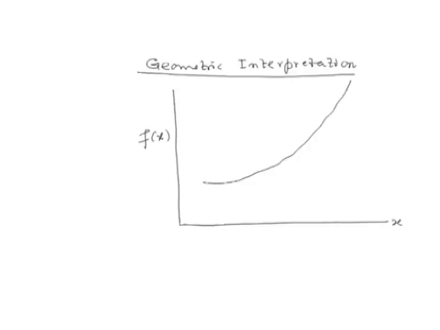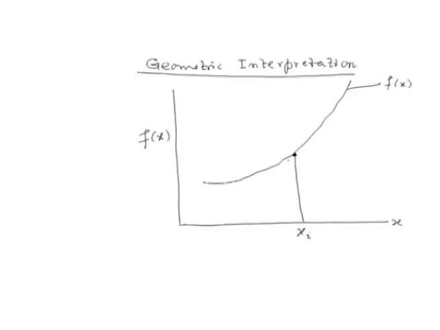Suppose we take a generic function, this is f of x, and this is the curve which represents our function f(x). We want to find out its derivative at point xi.